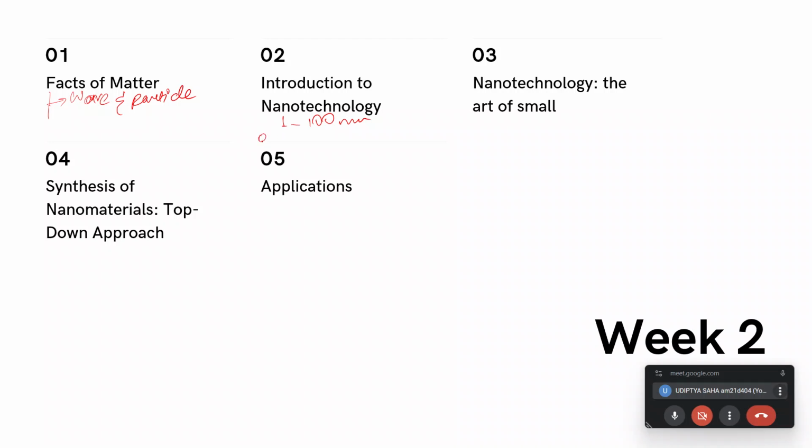For zero dimension, all the dimensions are in the nano scale. Then you have one dimension, two dimension, and three dimension, based on the dimensions. Then they have a unique set of properties like electrical, mechanical, optical, physical, and magnetic, several properties.